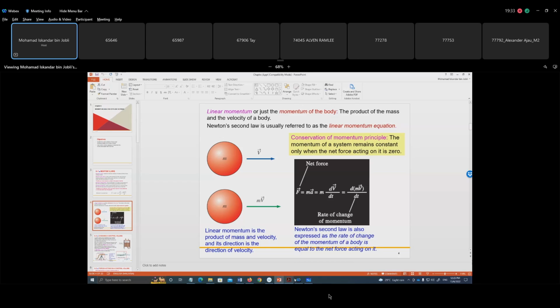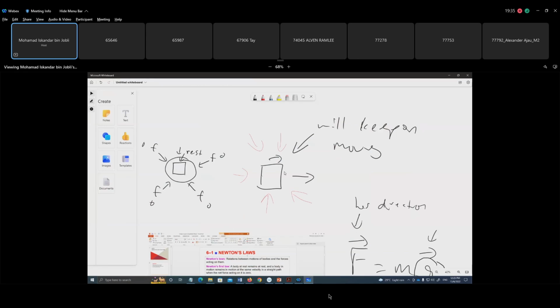So when you have mass and velocity as it moves, you will have momentum. When all the F acting on it is zero, the momentum is constant. It will never change.